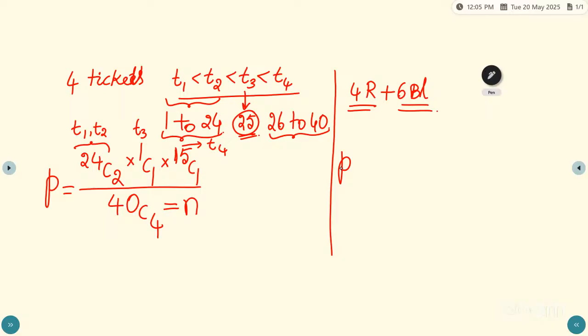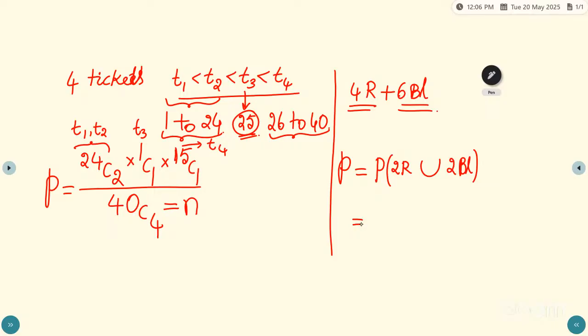No. So we need to choose 2 balls, both of the same color. So the required probability equals the probability of drawing 2 red, or, meaning union, 2 black balls.